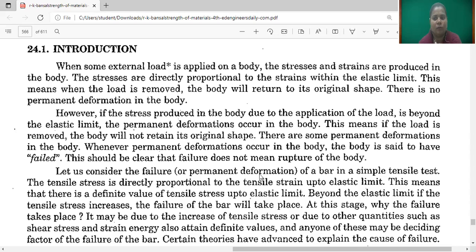This means when the load is removed, the body will return to its original shape.